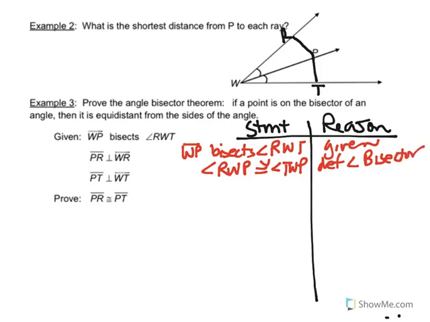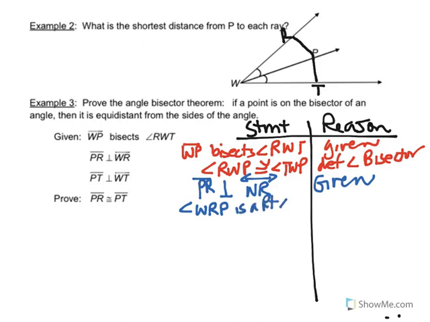Now, let's do our next given. PR is perpendicular to WR, and that's a given. And therefore, we know angle WRP is a right angle. And that's definition of perpendicular.